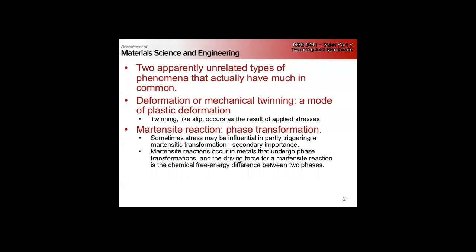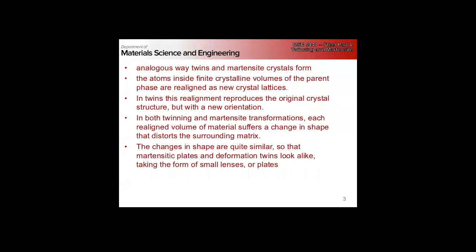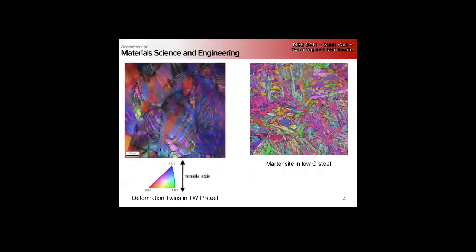As far as twinning and martensite goes, we want to keep in mind the similarities between the two, right? Both have significant shear transformations, and in martensite we also have a normal component. It's not just the invariant plane strain. But mechanically they behave a lot the same. We get these long lenticular structures, and the lenticular aspect is because of the minimization.